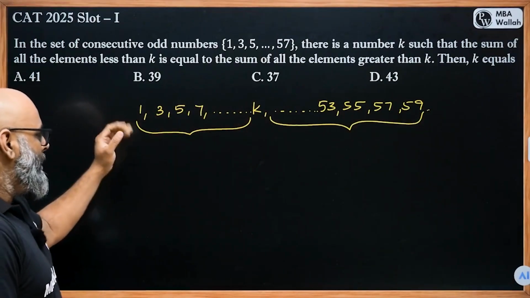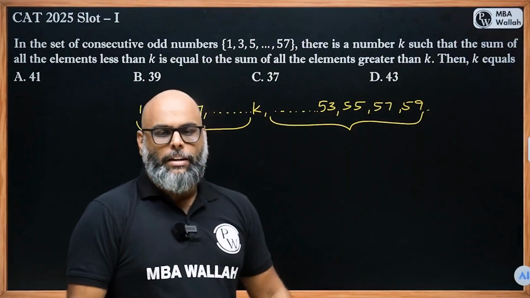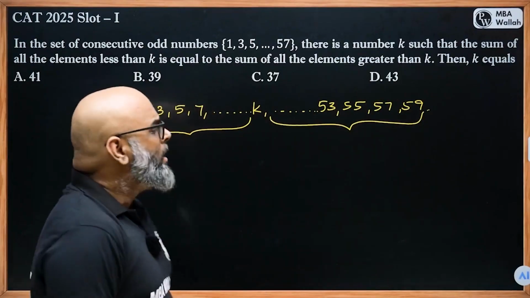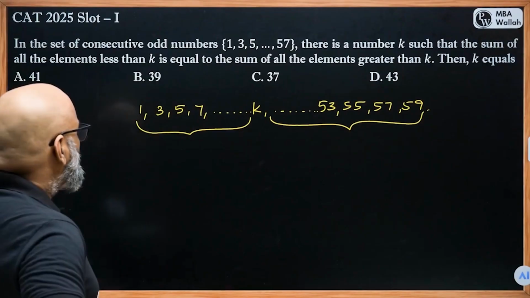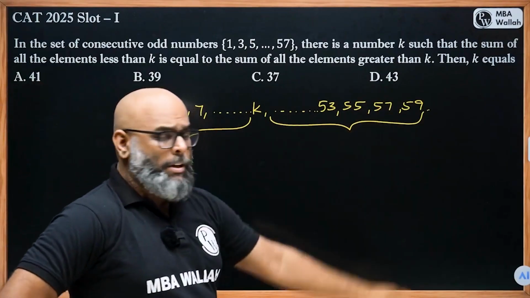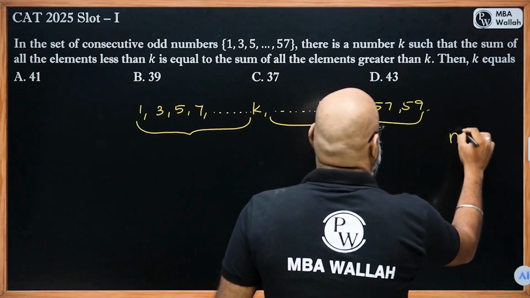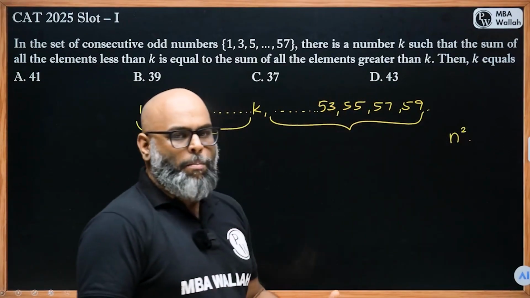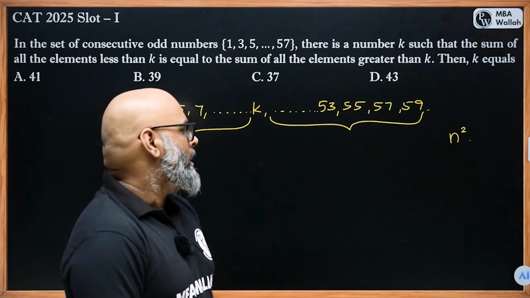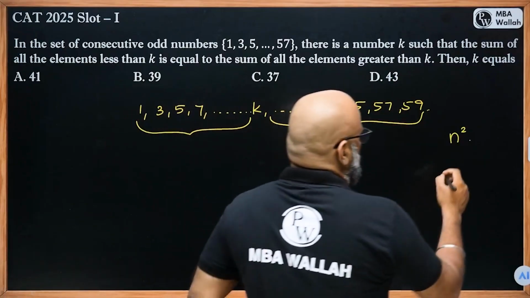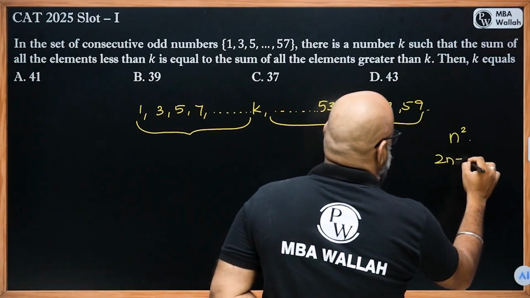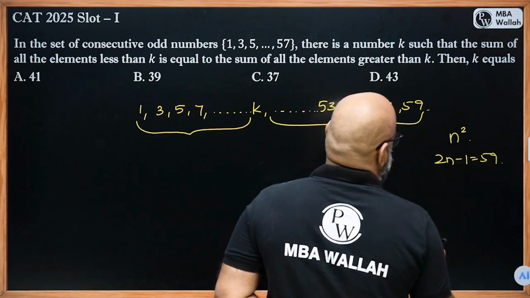Numbers less than k, numbers greater than k, take the sums, they are equal. Now, the sum of n natural odd numbers is simply n square, where n is the number of odd numbers that you have taken. The last odd number is 59. So 2n minus 1 is 59.